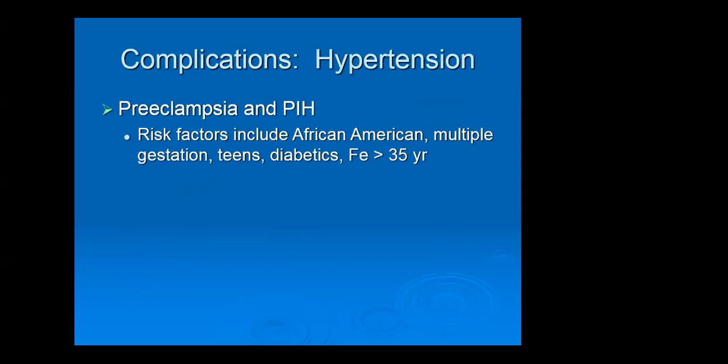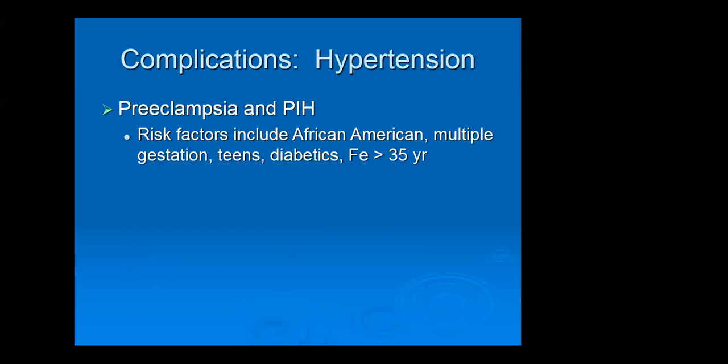With preeclampsia and pregnancy-induced hypertension, your risk factors include African American, multiple gestation, teens, diabetics, and a female over 35 years old. With preeclampsia, you're looking at hypertension, proteinuria, and edema.